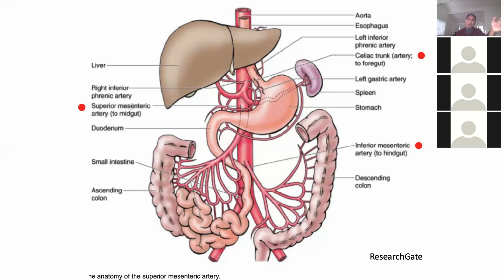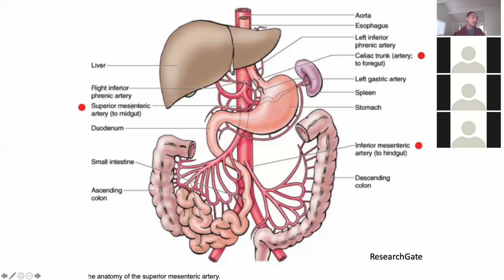So the question is easy. What are the unpaired arteries of the abdominal aorta? Celiac, superior mesenteric, inferior mesenteric. That's easy. Because it is more important in life.